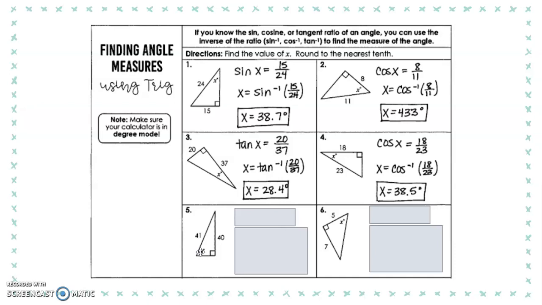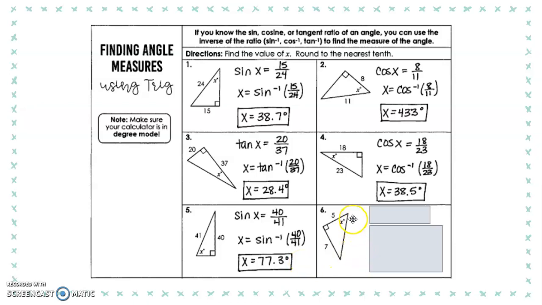To use 40 and 41, I'm using my opposite side over my hypotenuse. Opposite over hypotenuse is sine, so the sine of x equals 40 over 41. When I solve for x, I'm using the inverse of sine, and I'm finding that x is 77.3 degrees.